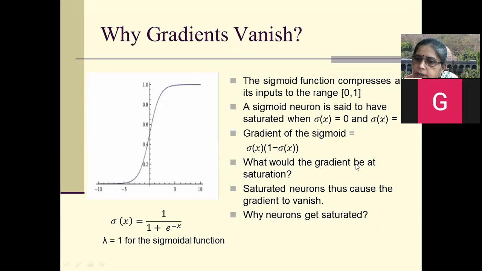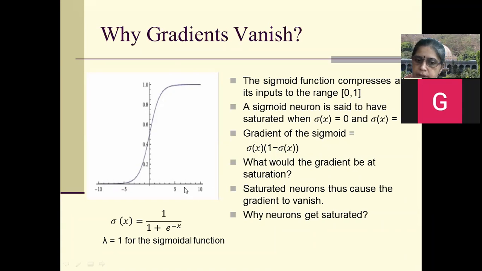So what would the gradient be at saturation? If your sigma x value is 1, then 1 minus sigma x is 1 minus 1, which is 0, and we get a gradient value of 0, right?